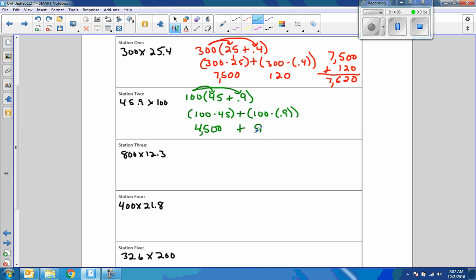We have 2 zeros, 1 place, 2 places. Now my decimals here. So 4,500 plus 90 equals 4,590.